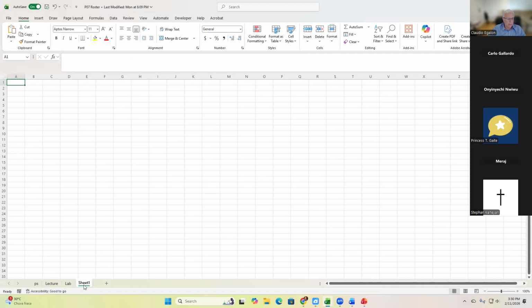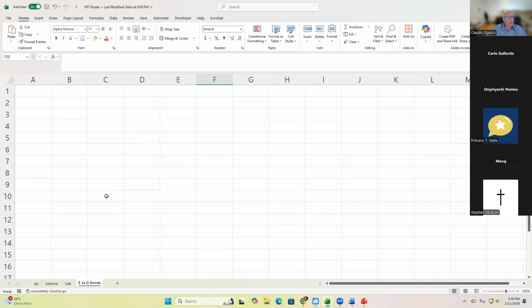Let's get another spreadsheet here: electric versus gravitational forces. So instead of using my calculator, I am going to use my spreadsheet. I prefer to use the spreadsheet.